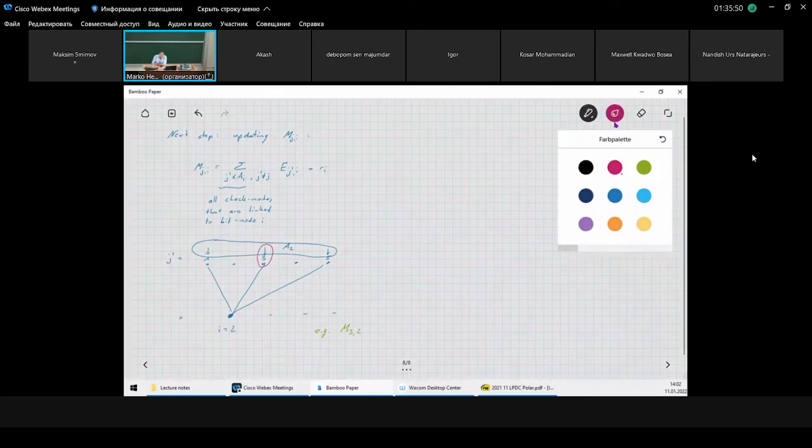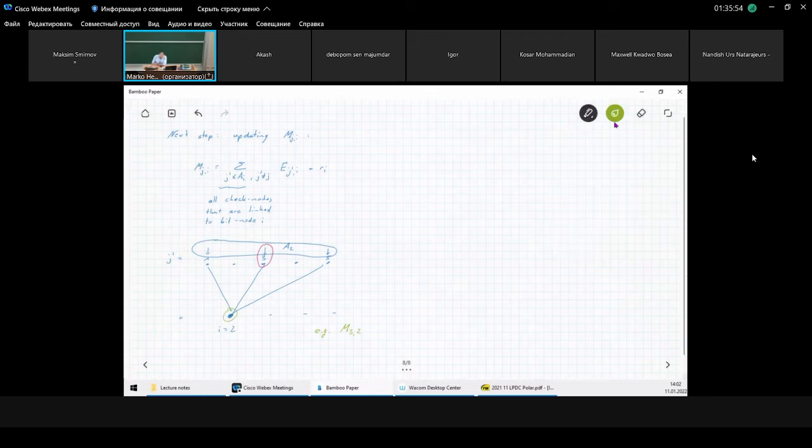So what we know from the observation, we use the R2.